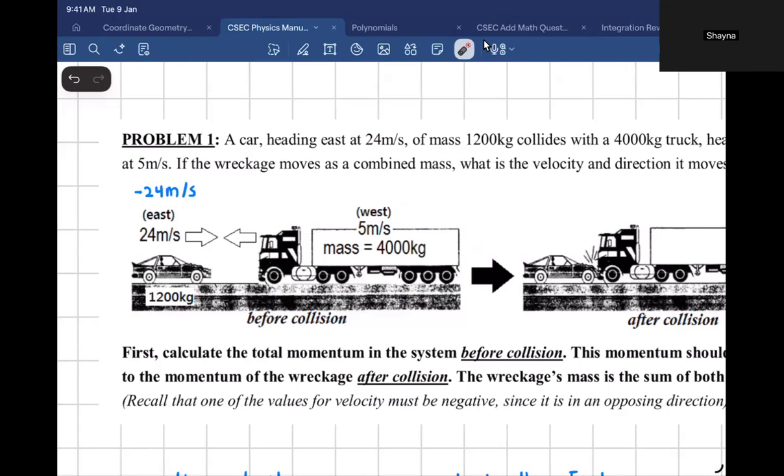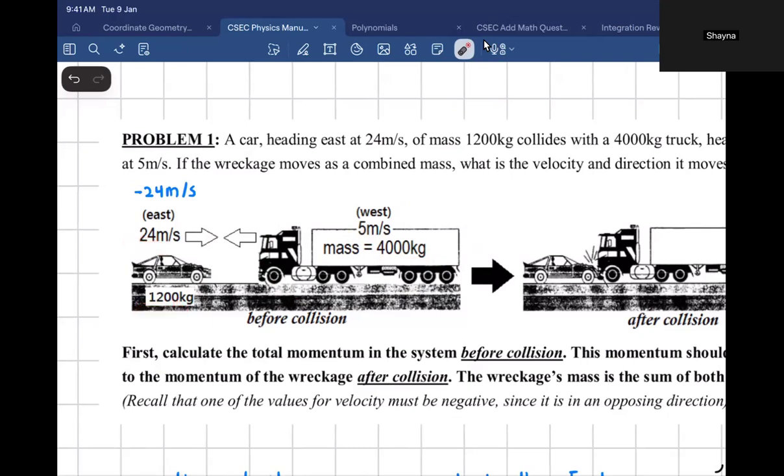Let me see, 5 by 4,000 is 20,000. Actually, the car would have more momentum. Watch, it's 24 by 1,200. That'll be 28,800.